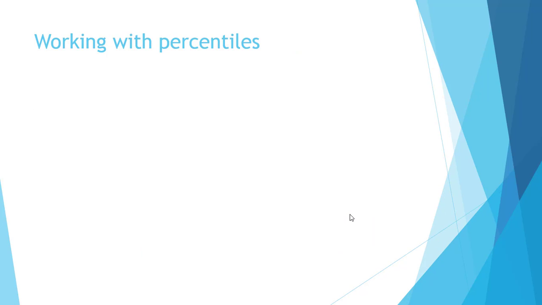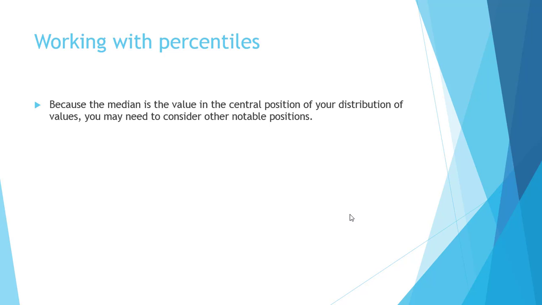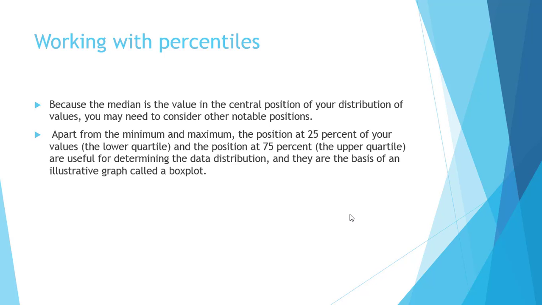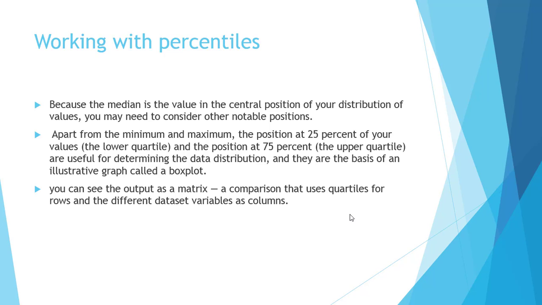Now we will see percentiles. Because the median is the value in the central position of your distribution, you may need to consider other notable positions. Apart from the minimum and maximum, the position at 25% of your values and the position at 75% are also useful for determining the data distributions, and they are the basis of an illustrative graph called a box plot.